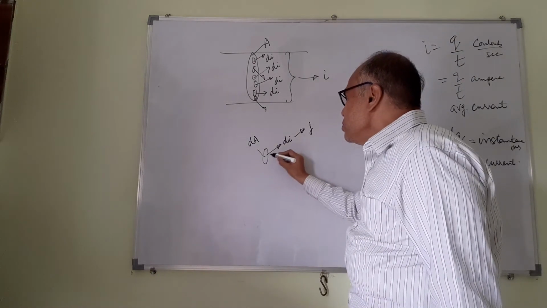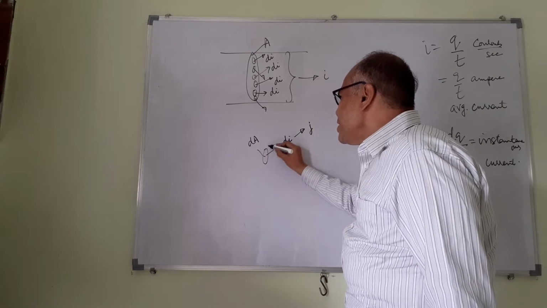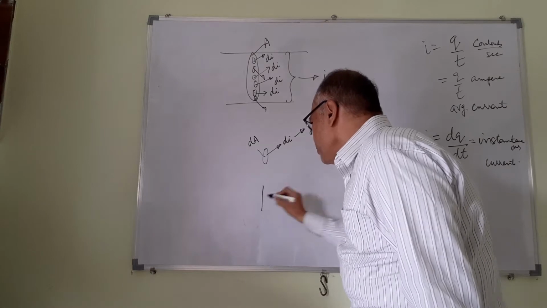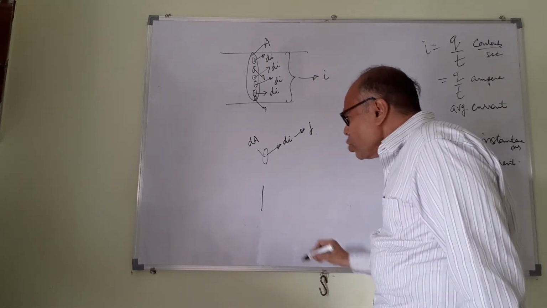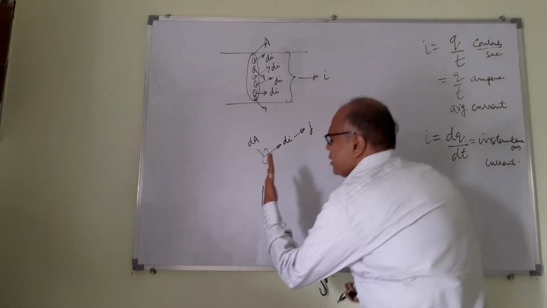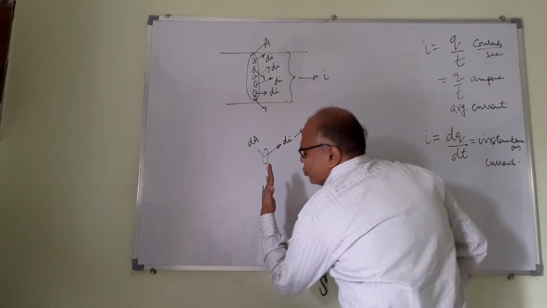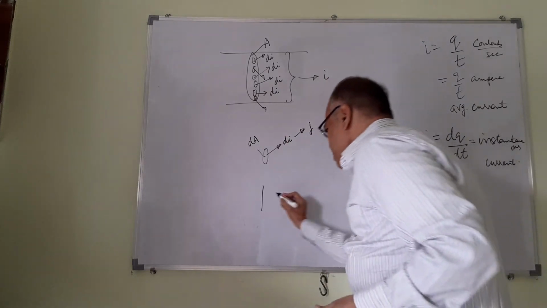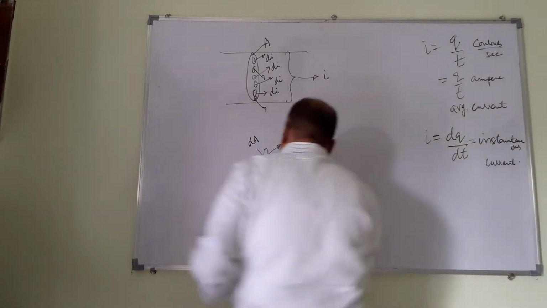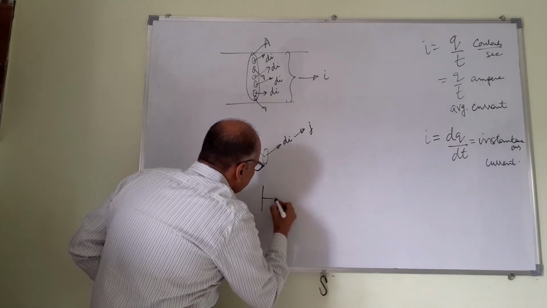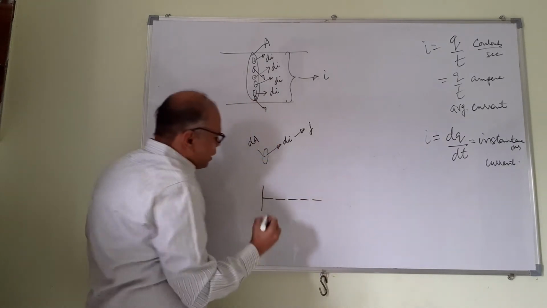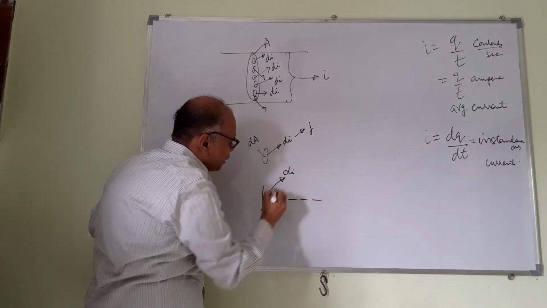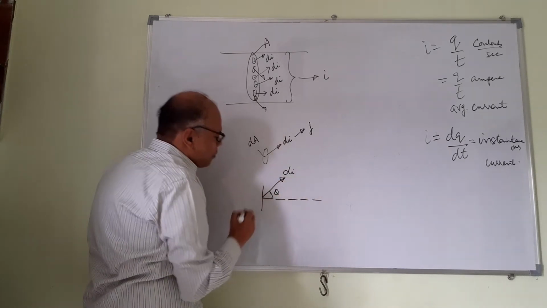Now let us see, if the area is not normal to the flow of current. Let me draw that. Suppose I show the area, think that my palm is the area. You are seeing the side view of my palm, a line I have shown, and this is the normal to the area, and the current is moving at an angle theta, let us say.